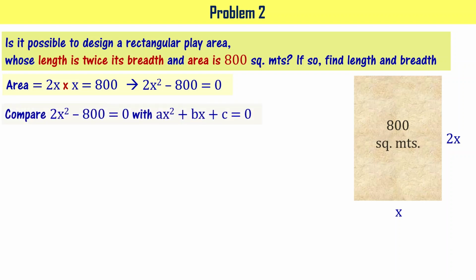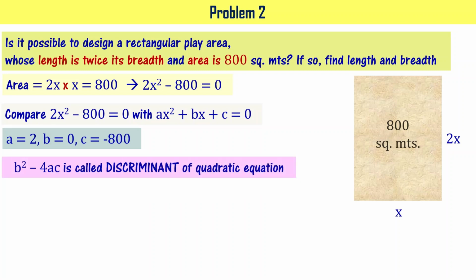Let's now compare this with ax square plus bx plus c equal to 0, such that you say a equal to 2, b equal to 0 and c equal to minus 800, right? Let's now substitute these values into the equation of discriminant, that is b square minus 4ac, and find its value. When you do that, you get b square minus 4ac equal to 6400, right?